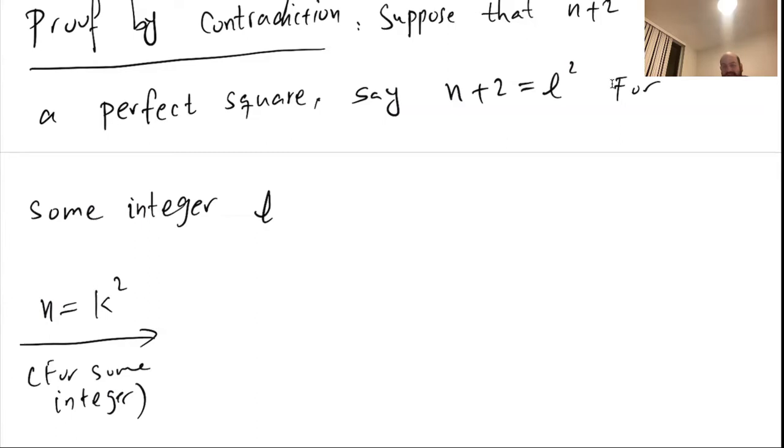Do not use L again, because if you use L squared for both n plus 2 and n, implicitly you're assuming that n plus 2 and n are the same number. And of course, that's not true, right? So in mathematics, to write in general, we have to use different letters, unless we know that, for example, two quantities are the same, then we can use the same letter. So n equals k squared.